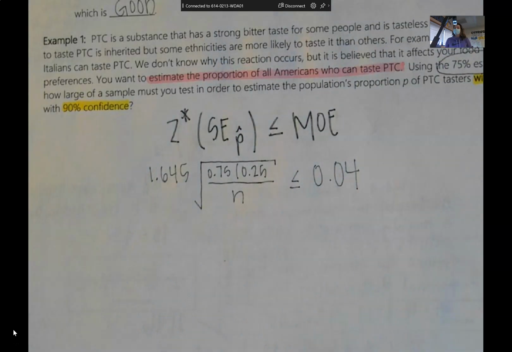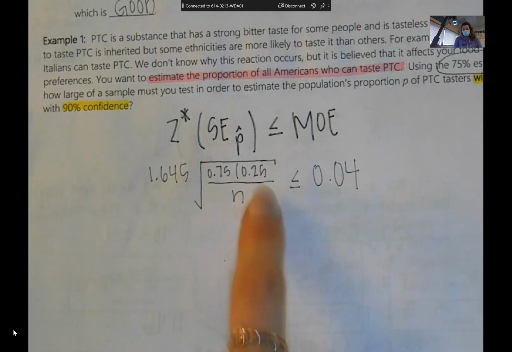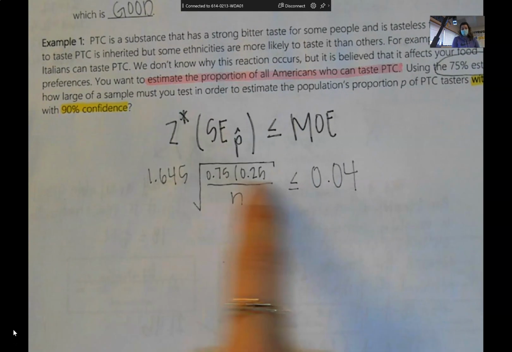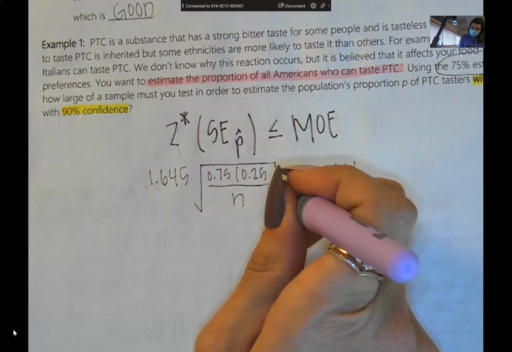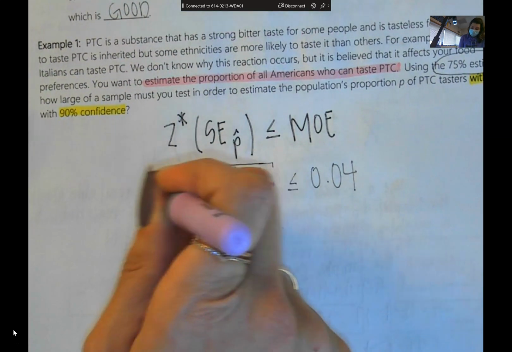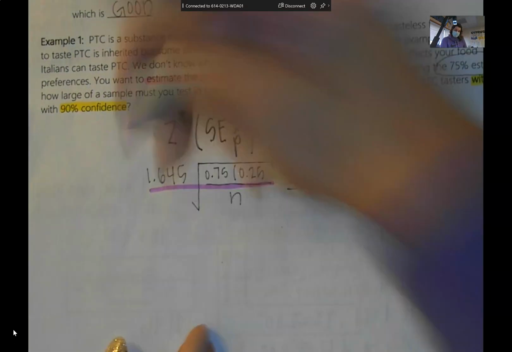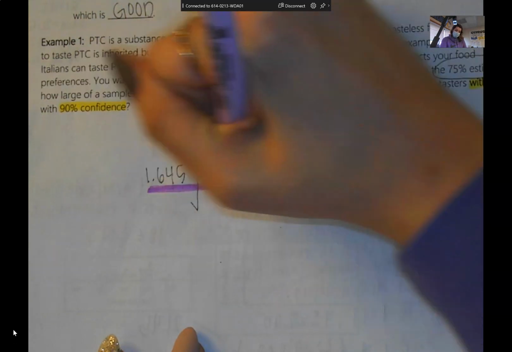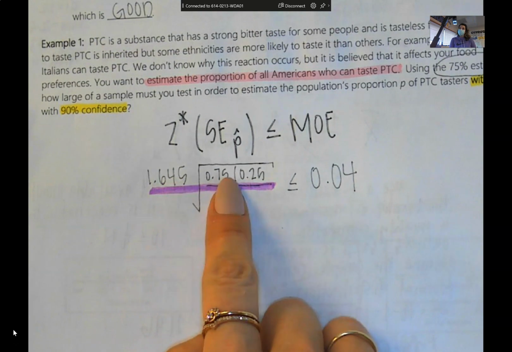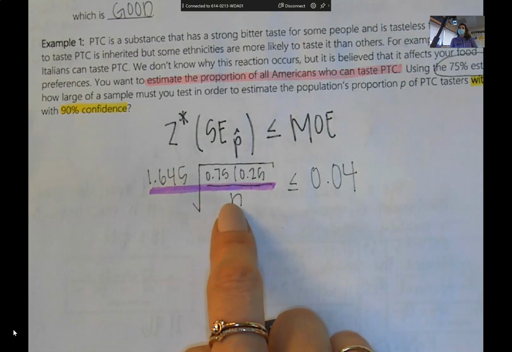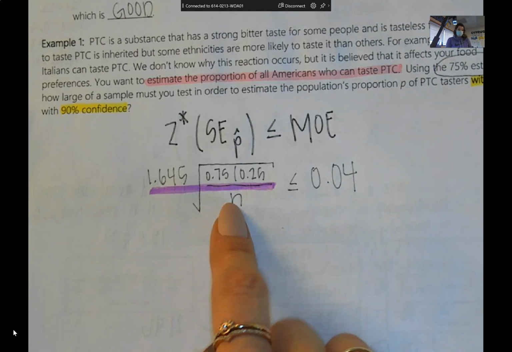One thing that'll make this easier is if I extend this fraction line, because I am multiplying these two things together. What that would look like is 1.645 times the stuff in the numerator all over root n.